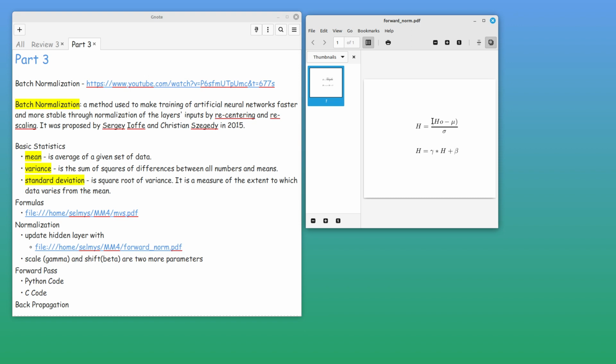Let's say H0 here is our hidden layer. If we take every value of this original hidden layer, subtract the mean, and divide that by the standard deviation, then we can say that it's been normalized.